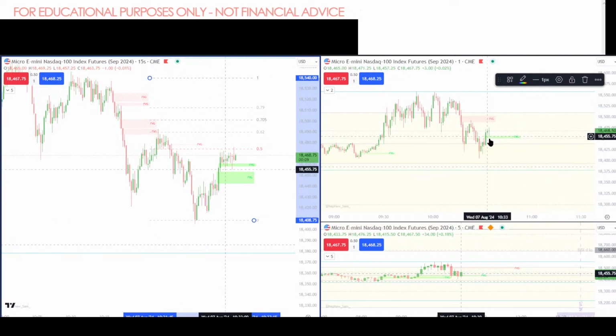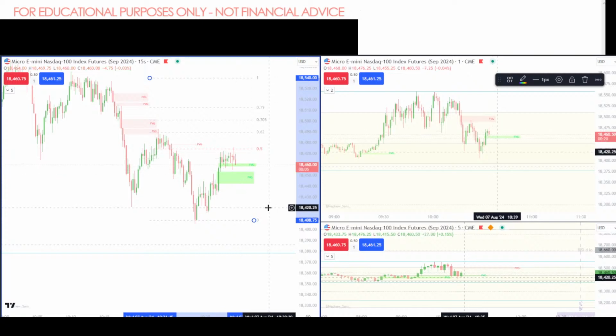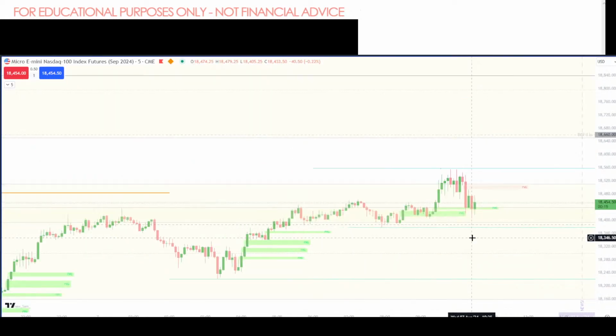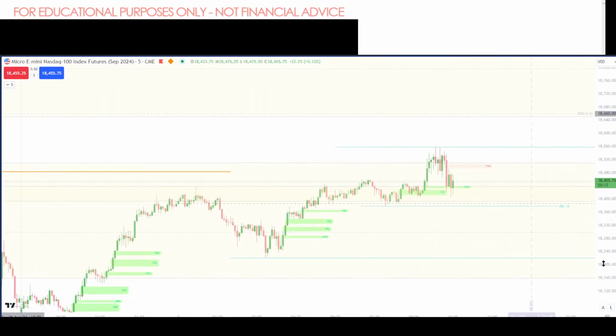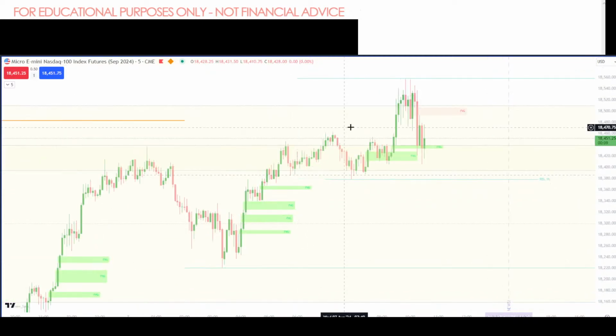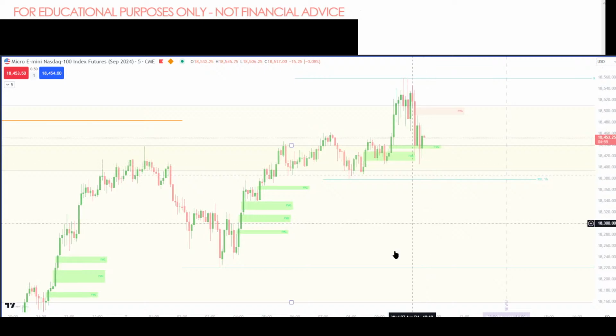And we have a BISI here that's so far holding, and two on the 15-second that's holding. If we were to go lower, what would the target be? If we are on a higher time frame market maker sell model, then of course we might be ending all the way down here, but our immediate target would be these relatively equal lows here at 406.